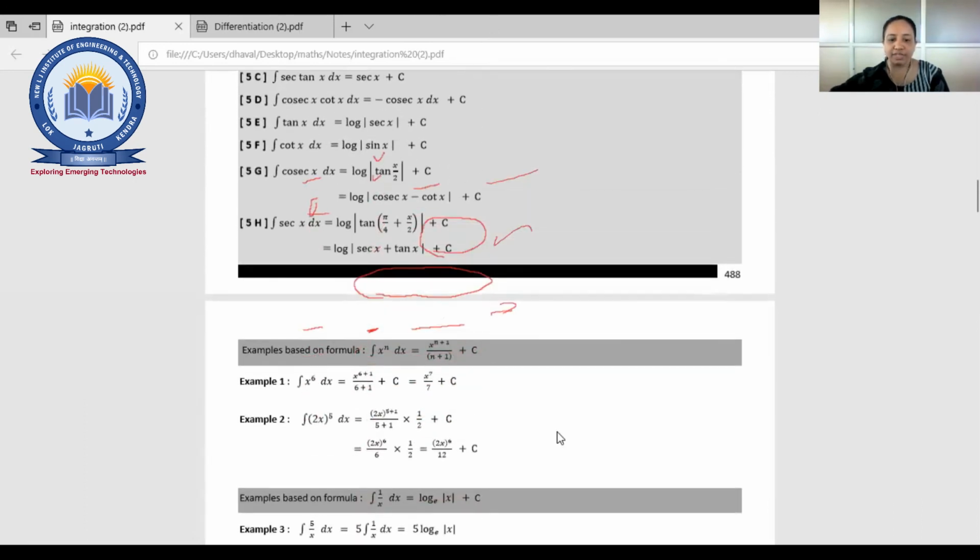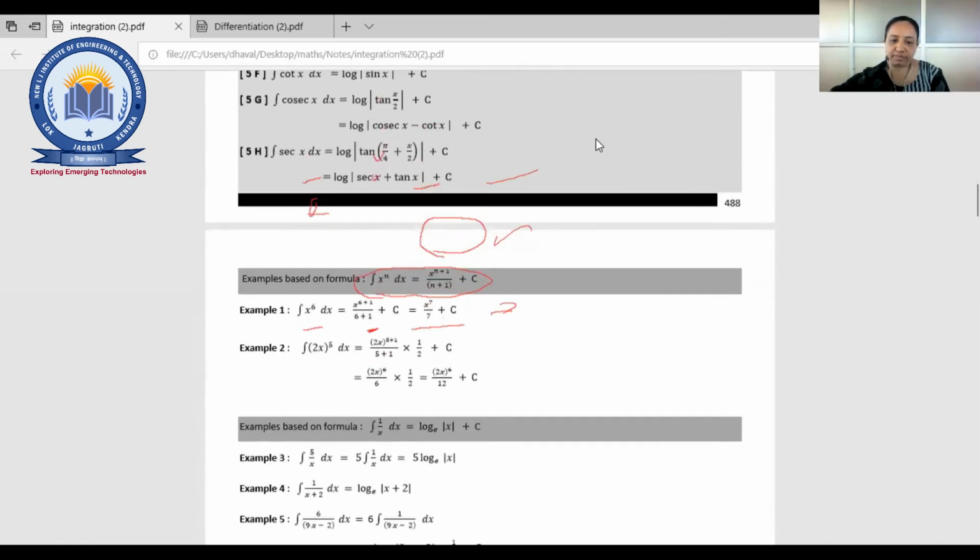So do this one yourself. Integration of 6 upon 9x minus 2. This one I'm asking. Tell me the answer now. Write it down in the chat box.